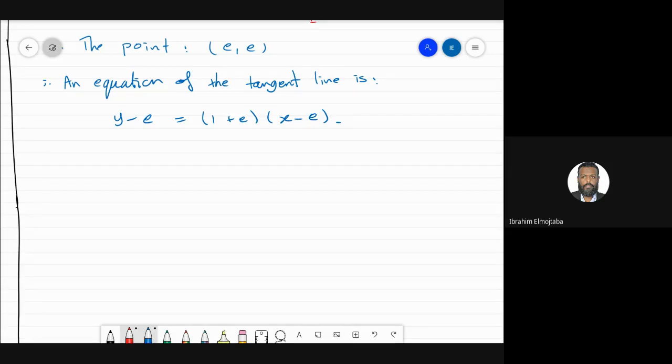Okay. Anyone could think of this problem? Anyone? Did any of you try this kind of problem? Anyone?